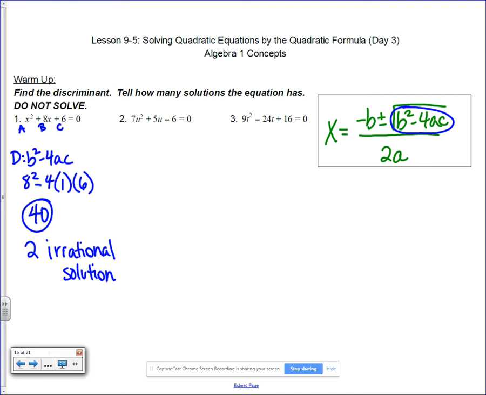All right, number 2, in the right order? Go ahead and label it. What will I be squaring? Minus 4 times. Great. So, find your discriminant.